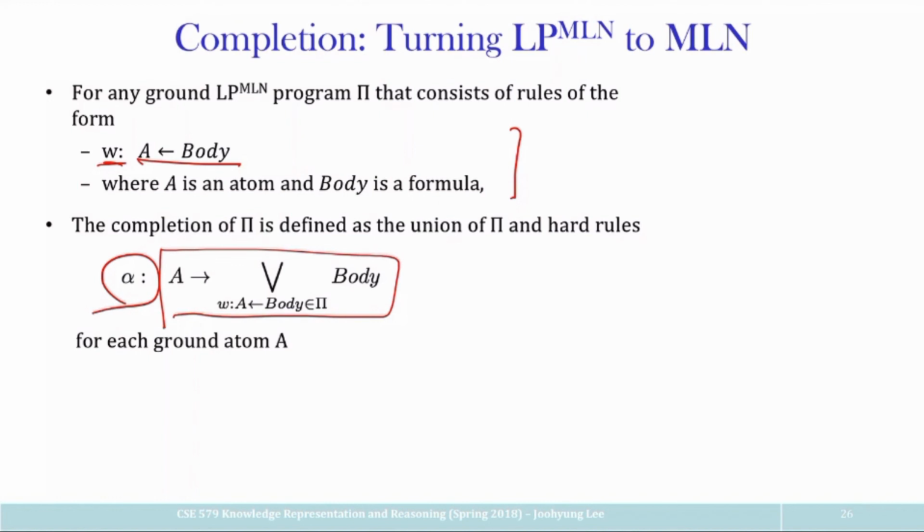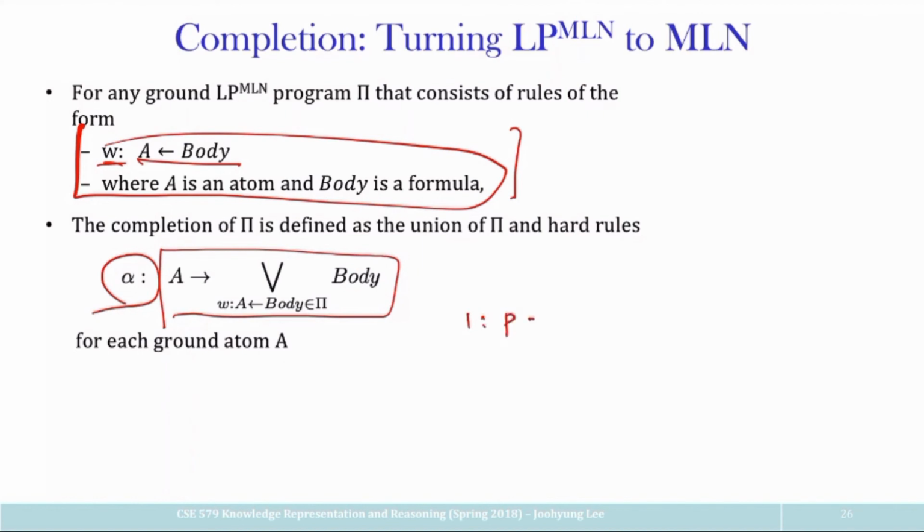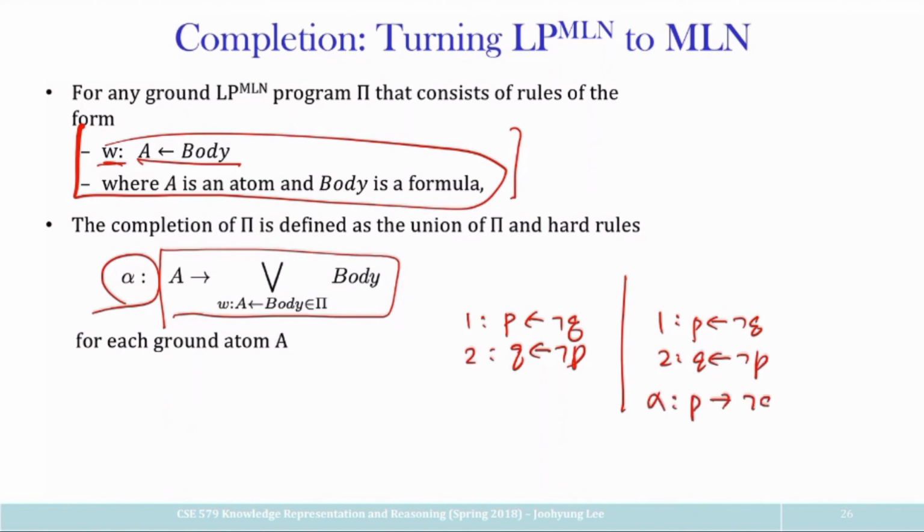Okay, so take any rules that you have before. I mean, if you want an example, I can just simply write. So this is an LPMLN program. How do you convert it into an MLN program? We just have this one, and then write the completion formulas.